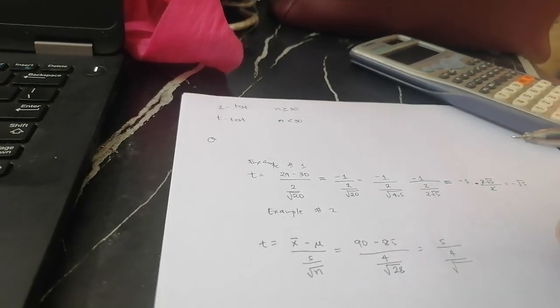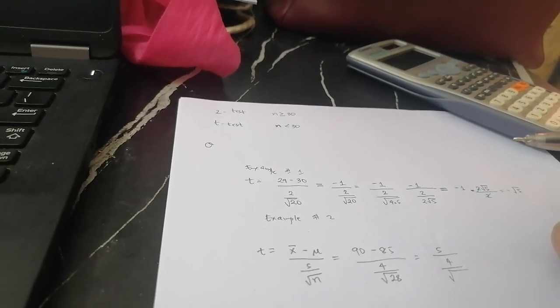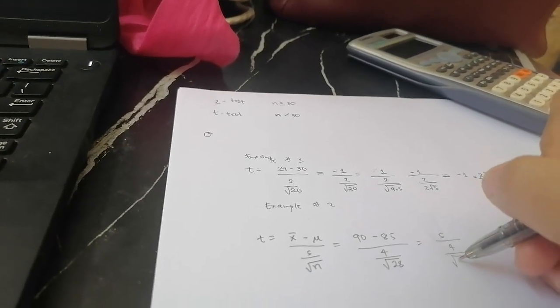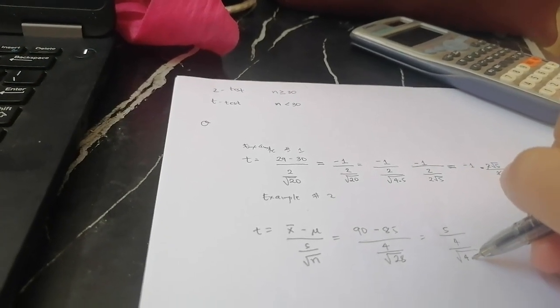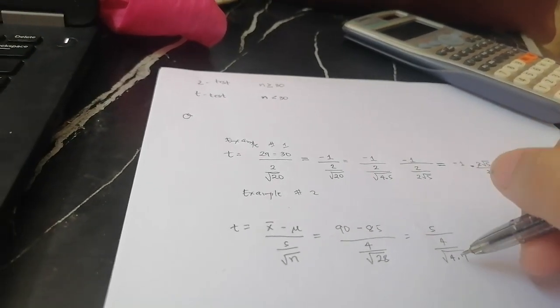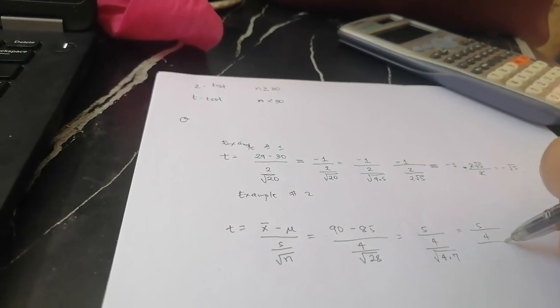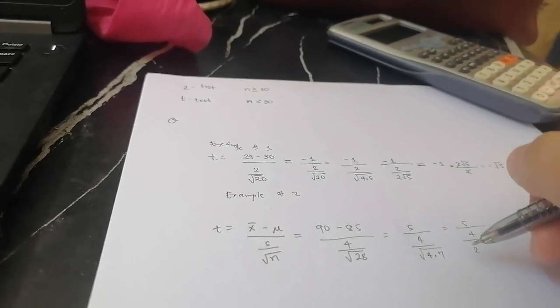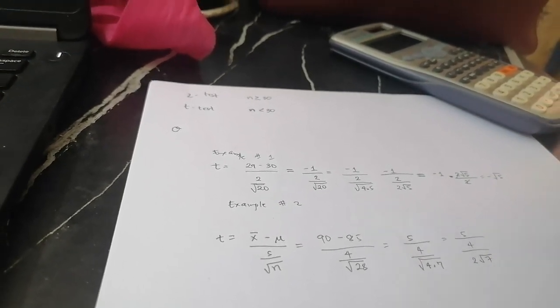For the square root of 28, we have a factor of 28, which is 7 times 4, wherein the 4 can have its square root taken. So 5 divided by 4, square root of 4 is 2. And 7 cannot be simplified, so square root of 7.